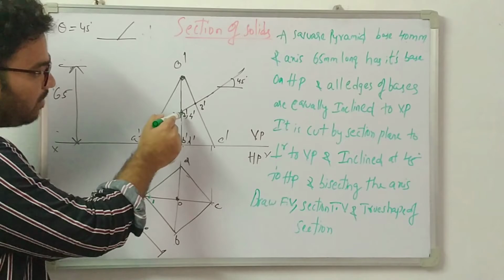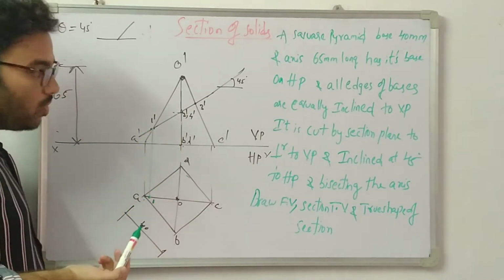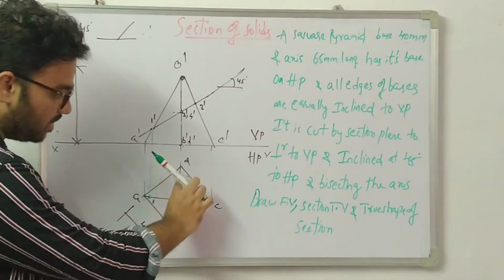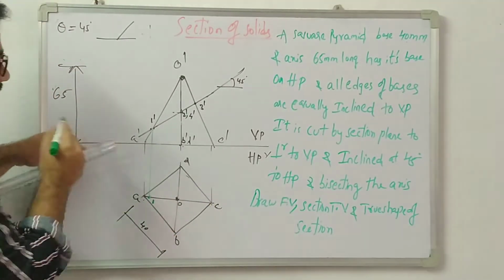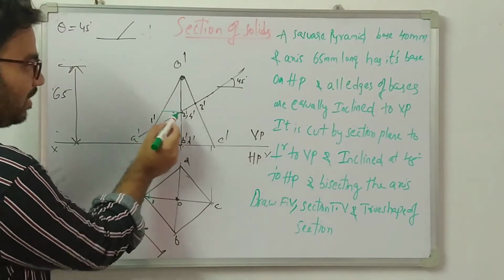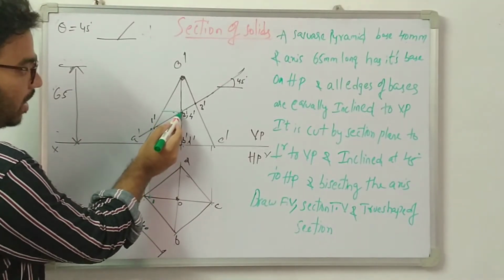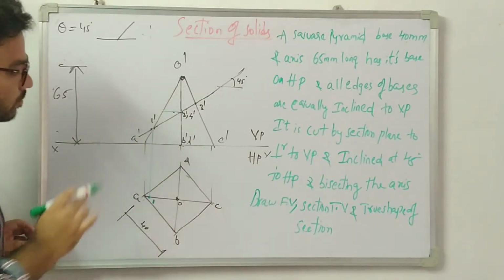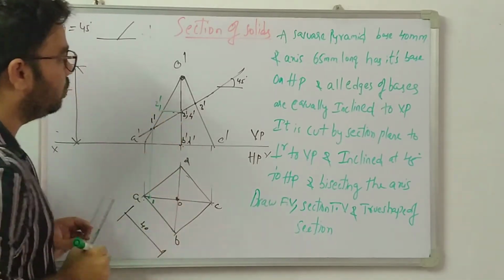But when I projected a vertical line from 2 dash downwards, where do I need to keep it? That is important. 2 dash should be located somewhere here and here, but I don't know this distance. So in order to calculate the distance, I am projecting a horizontal line. Don't highlight this line, I am using a different color. From 2 dash I drew a horizontal line, projected on OA dash. Let us say this is 2 1 dash.